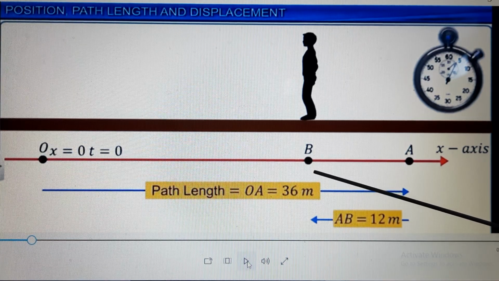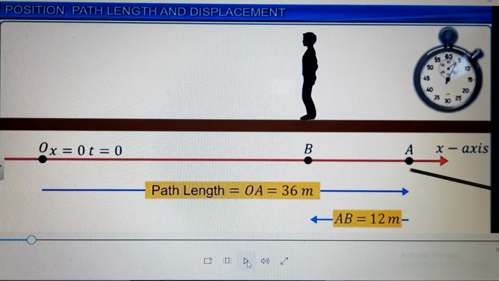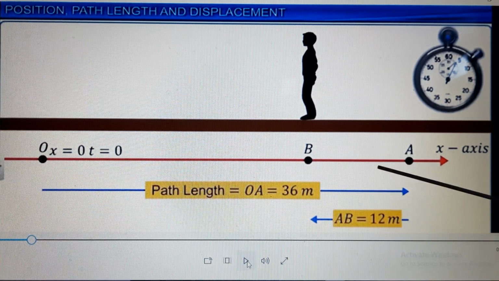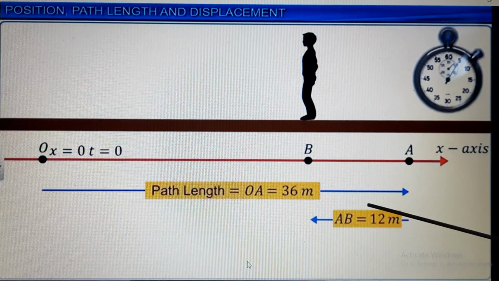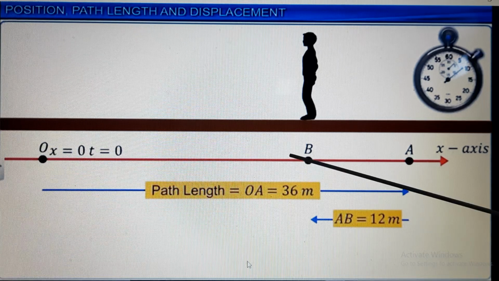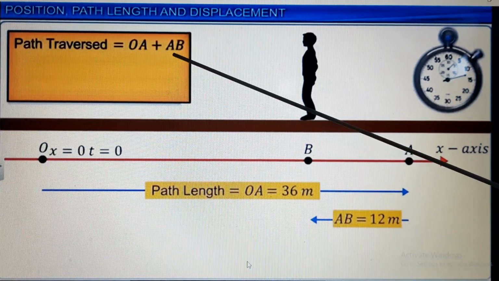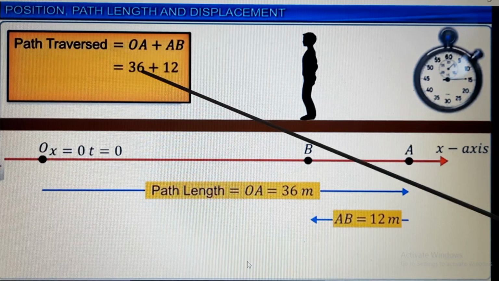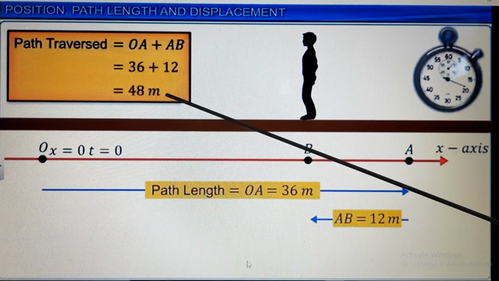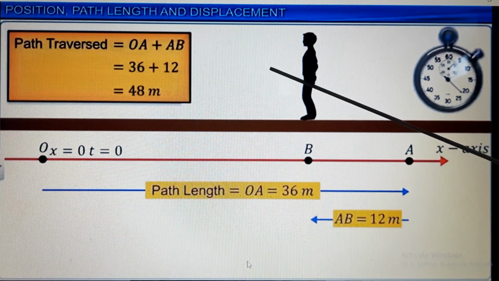So path length is the total distance, means O to A is 36 plus A to B 12 meter, means total distance is 36 plus 12 is equal to 48 meter, which is the path length of this boy.